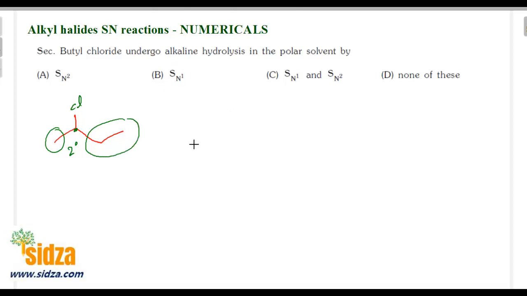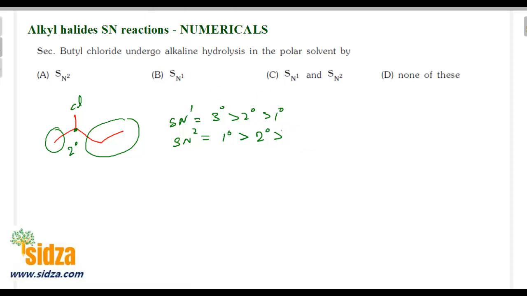Now again, what we learned is that for the SN1 mechanism, the order is tertiary, secondary, and then primary. For the SN2 mechanism, we learned 1 degree alkyl halide is preferred more than the secondary and then the tertiary. Let me rub it first.